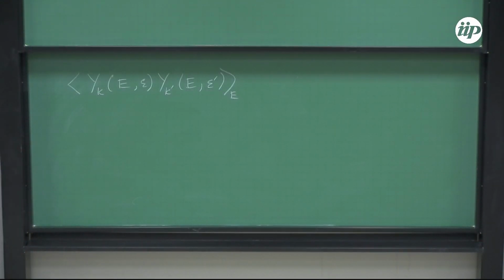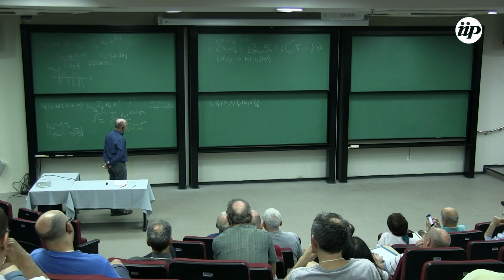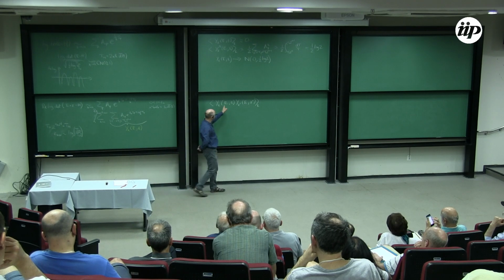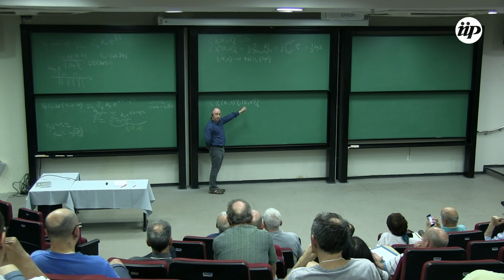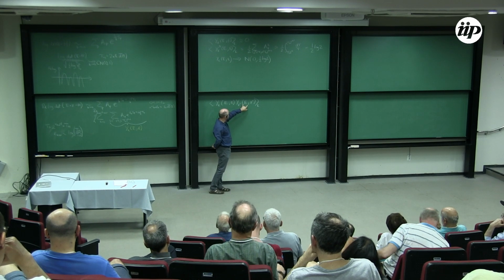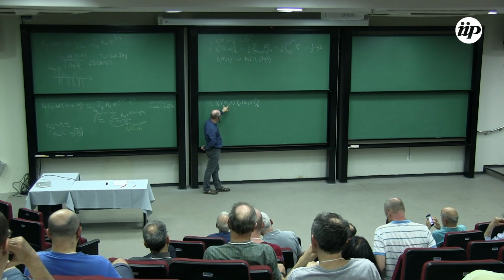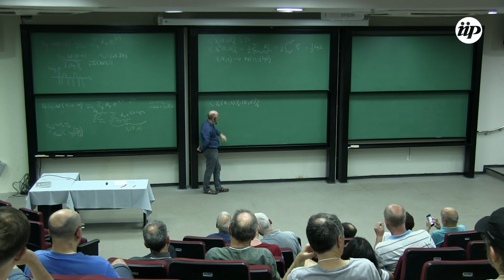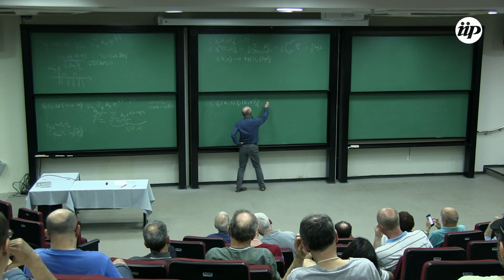So what can one say about the covariance of the y variables? Well, if k is not equal to k prime, these are sums of completely disjoint sets of periodic orbits, because by construction, the periods of the orbits that contribute here are absolutely distinct from the periods of the orbits that contribute here. And so if k is not equal to k prime, this is 0.